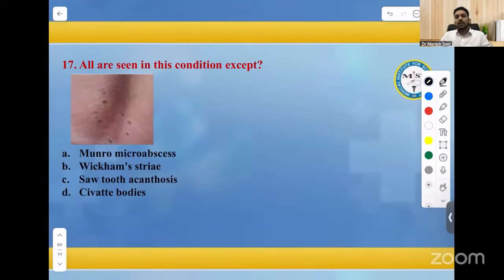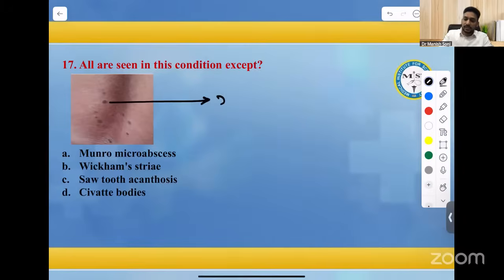Next is: all are seen in the condition except. Among these four options, three are seen in this condition. If you look at the image, what are the important clues? The lesion is very small, less than 0.5 centimeter in size. It is a papule.